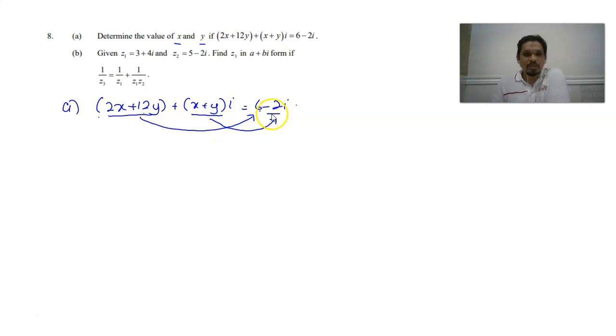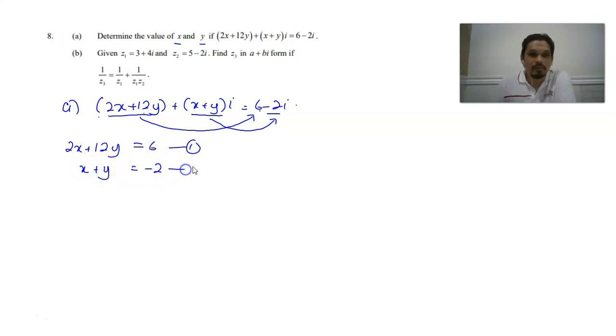compare between these two, with 2x plus 12y equals 6, we call equation 1, and x plus y equals negative 2, we call equation 2. 2x plus 12y equals 6 and x plus y equals negative 2.